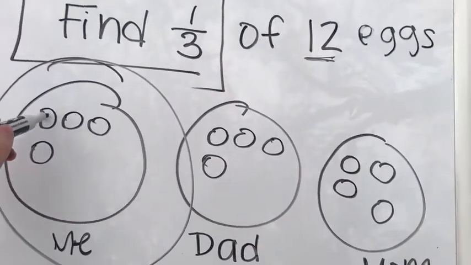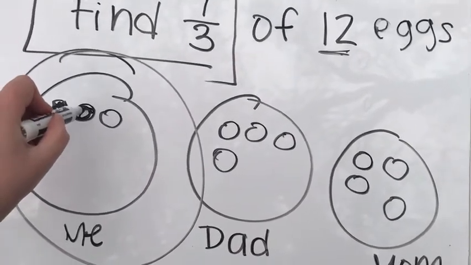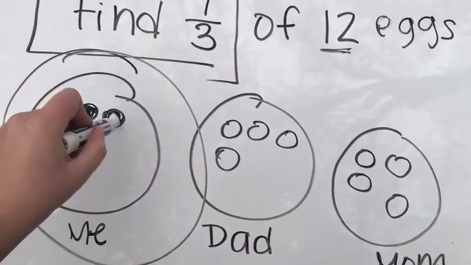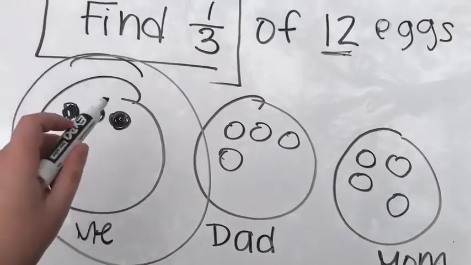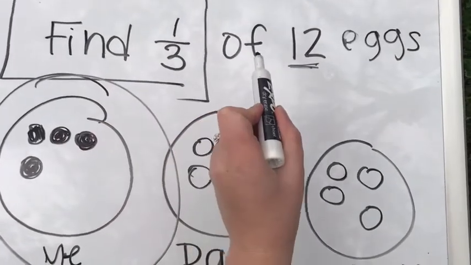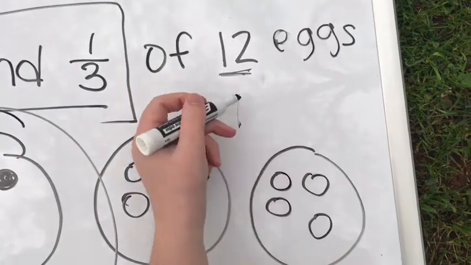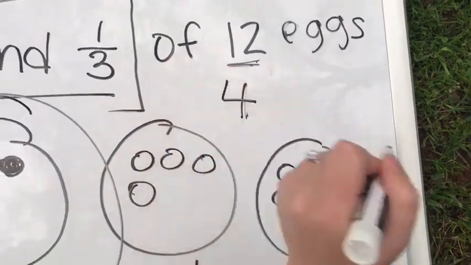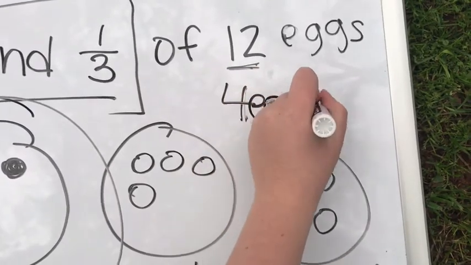Let's count. We got 1, 2, 3, 4. So, to answer the question, find 1/3 of 12 eggs, my answer is going to be 4 eggs.